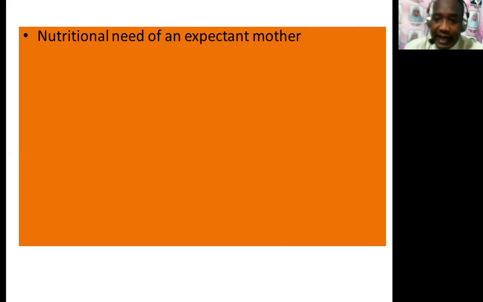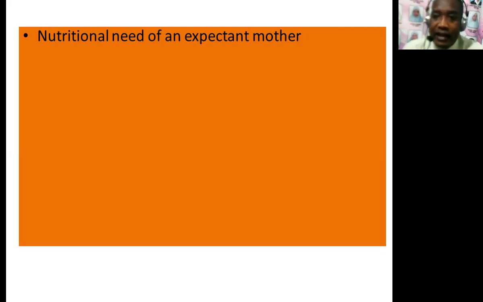They also need iron. Iron is useful in formation of hemoglobin. Hemoglobin is a pigment in red blood cells. Enough iron ensures enough blood for the mother and the fetus.